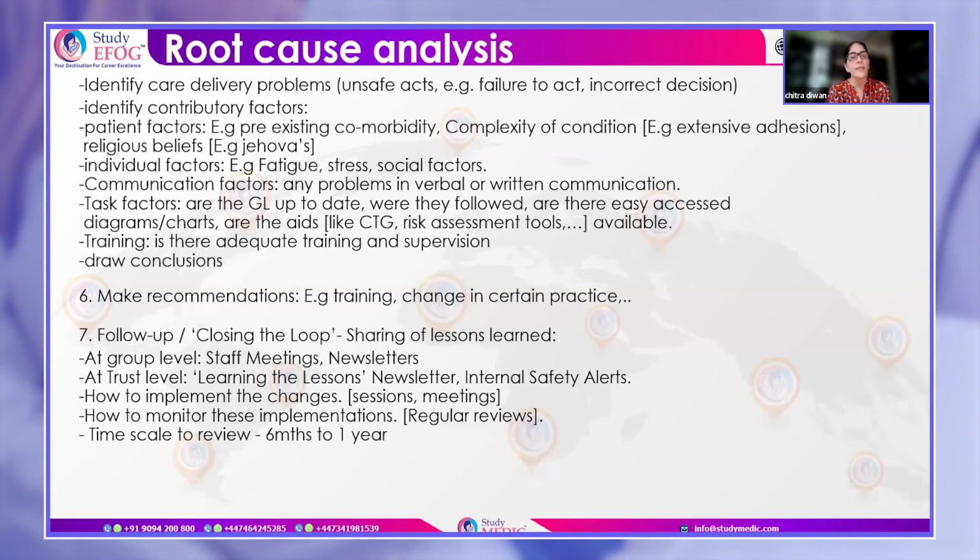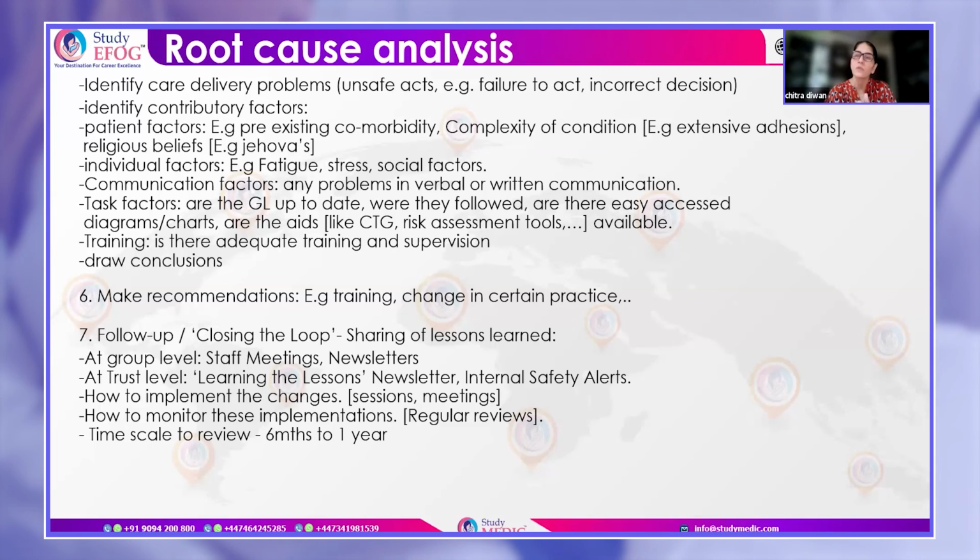At the group level, you can have a meeting with the staff, or you can put up a newsletter and tell them the recommendations that have to be made. At the hospital level, you can have a newsletter, or you can have internal safety alerts. Then to implement the changes, you can have a session, a meeting with all the stakeholders, and you want to monitor whether these implementations are taking place or not.